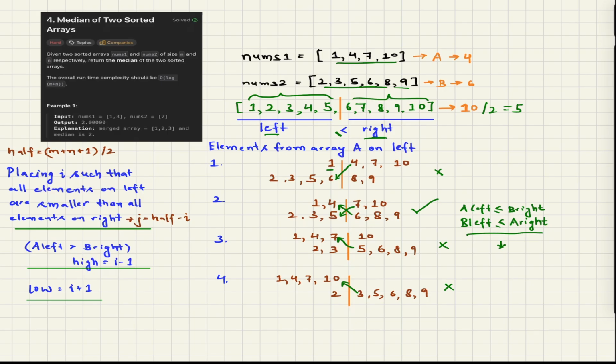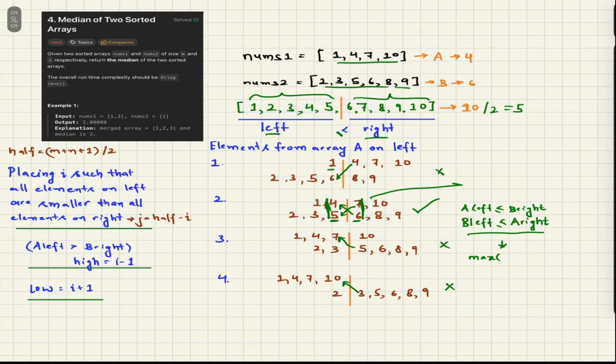If it's an even total, I can take the max of the left two and the minimum of the right two, and their average would be my median.